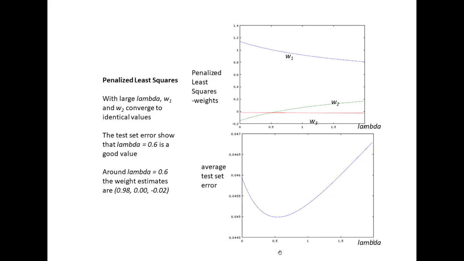But here at the location where lambda is best, we see exactly that W2 and W3 are close to 0, and W1 is a little bit reduced. This is the important point we're interested in, and we can select it by looking at the test set error, picking the lambda which seems to give the best test set error.